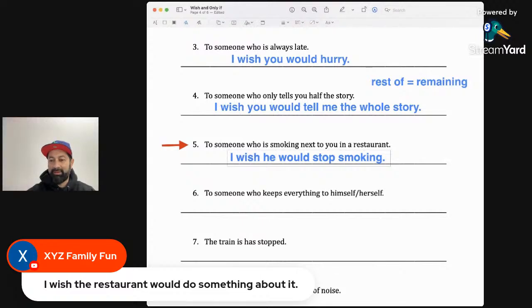Who has another answer for this? What would you say to someone who is smoking next to you in a restaurant? Or what would you say to your friend about someone who is smoking next to you in a restaurant?